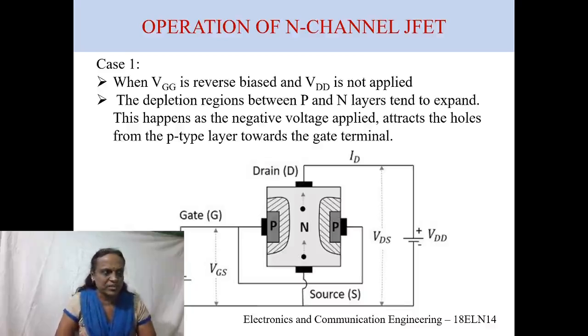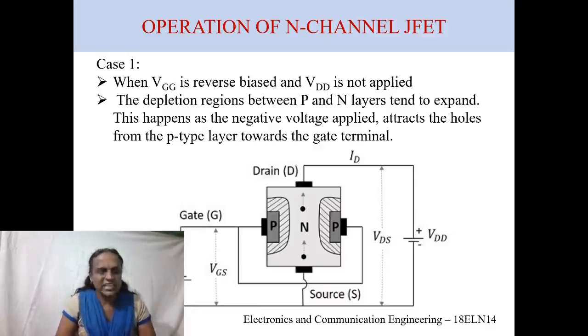Let us suppose the voltage at the gate terminal, VGG, is reverse biased, while the voltage at the drain, that is the VDD voltage, is not applied at all. Let this be considered as case 1.